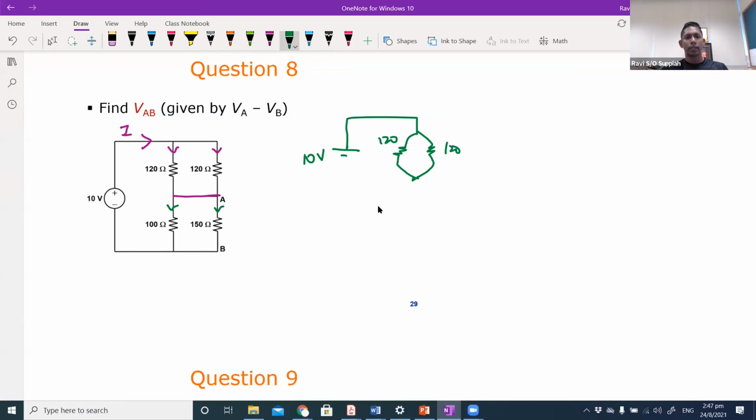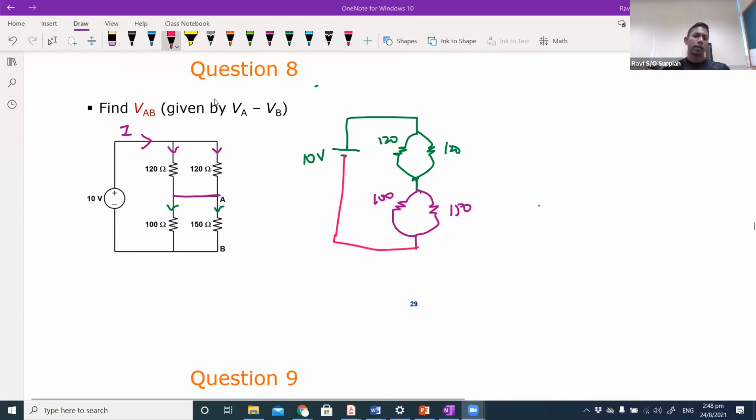Okay, and this center line here is this line. And then I have another resistor pair here, which is your 100 and 150. Okay, and then it combines here together.